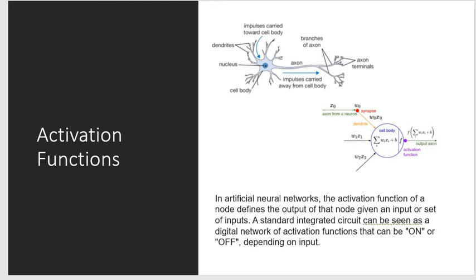This output will now be passed through an activation function which will decide whether the next neuron or the next layer of the network will get triggered or not. So here comes the need for the activation function.